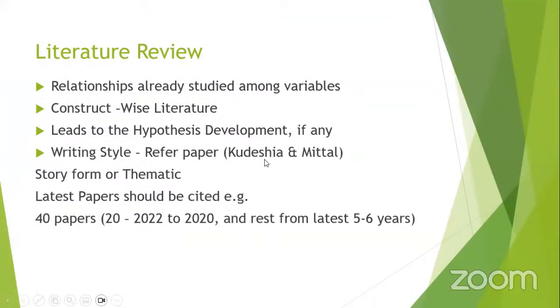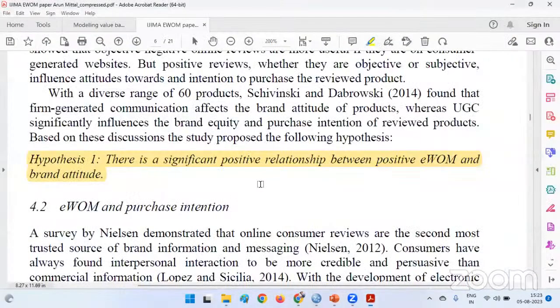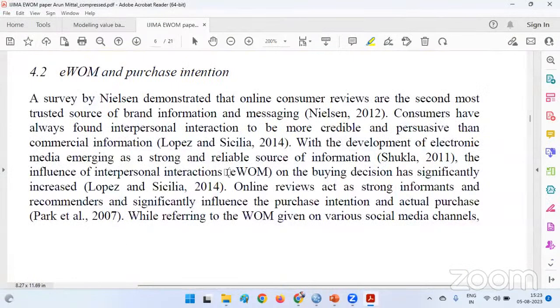Regarding writing style, I have this paper of mine, with Kodesha, my scholar, and Mittal. It is in story form or thematic form. This is a thematic form. Sometimes people write it in paragraph form. Please do not write in paragraph form for research papers.